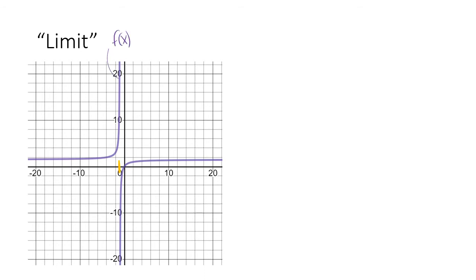If I wanted to know exactly what's happening to this function at this point, I might ask: what's the limit of f of x as I approach a value of 3 from the right side? Or what's happening to this function as I approach a value of 3 from the left side? That would tell me some interesting information about this graph, because I would be able to do this limit operation at a specific point and say, oh, it looks like it's going up forever there.